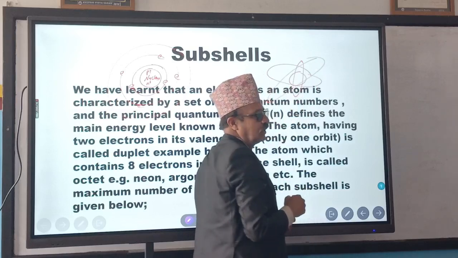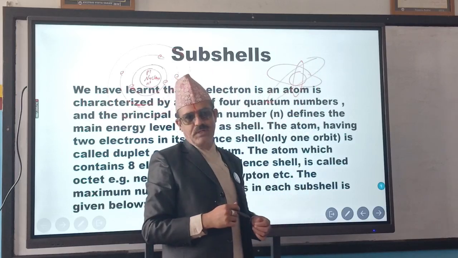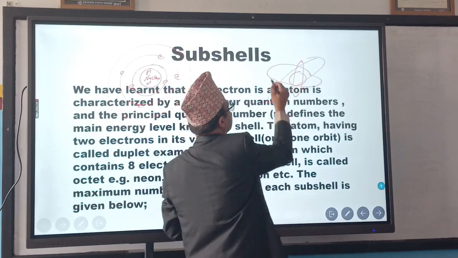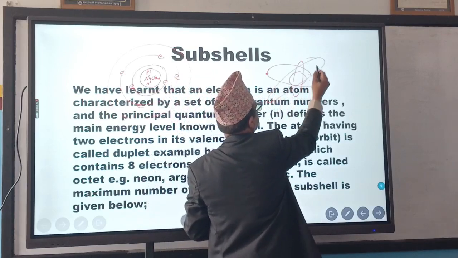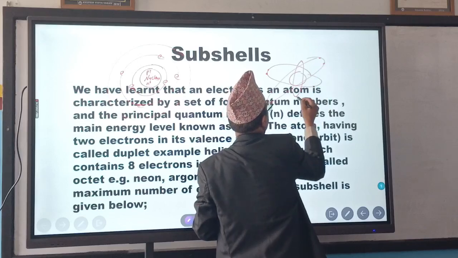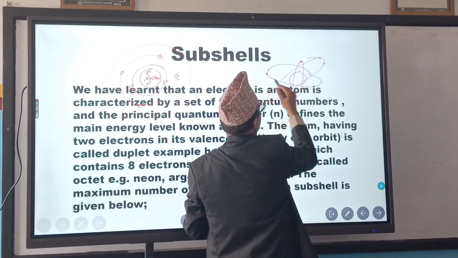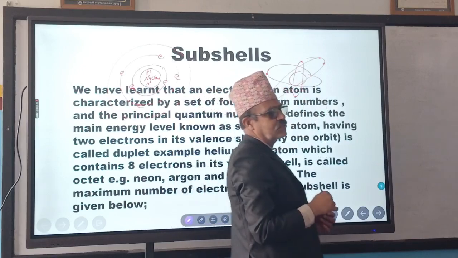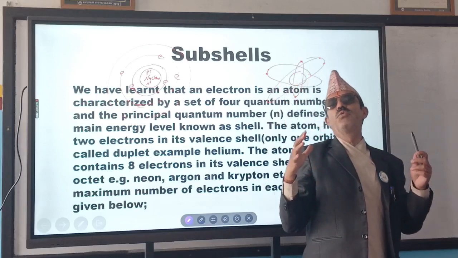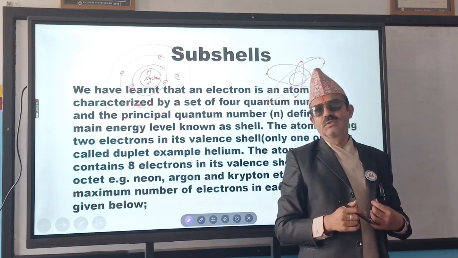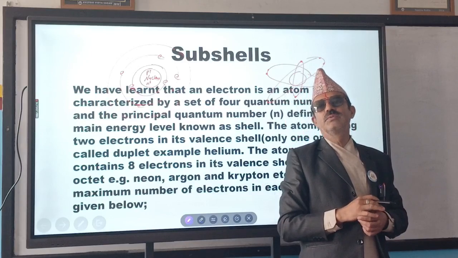See? Such type of elliptical paths were there. It means elliptical paths where there is more probability of getting electron. That is called subshell.